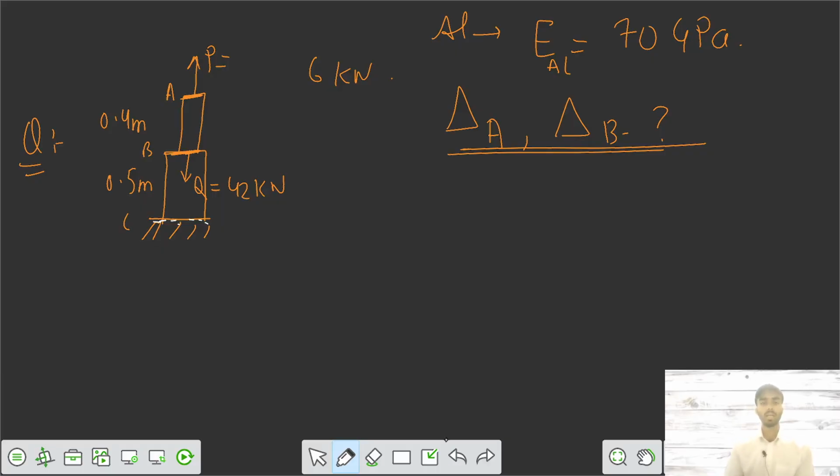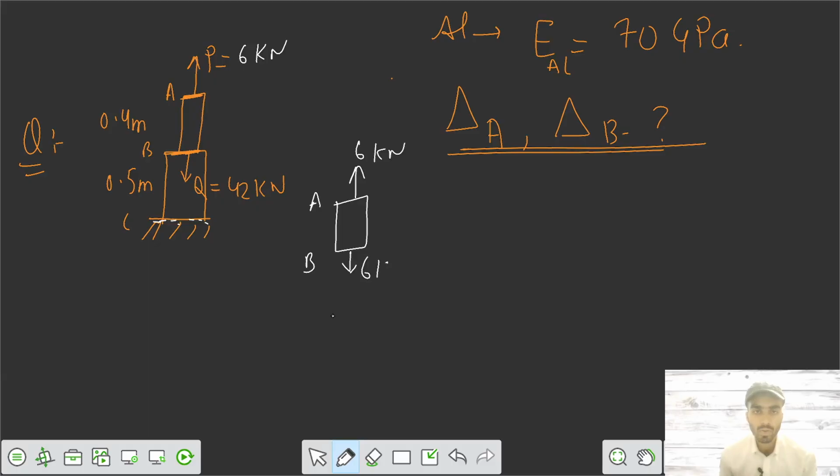Let's say you have AB, here the force is P, value of P is equal to 6 kilonewton. So in the normal direction, by force equilibrium, it has to be equal to 6 kilonewton.